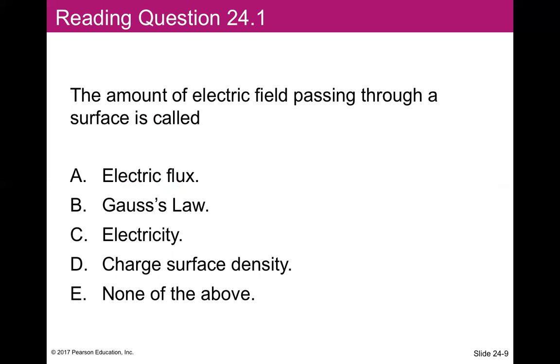The amount of electric field lines passing through a surface is called the flux. You can take the electric field times the surface, or think of it as how many field lines pass through a certain surface. That's the electric flux.